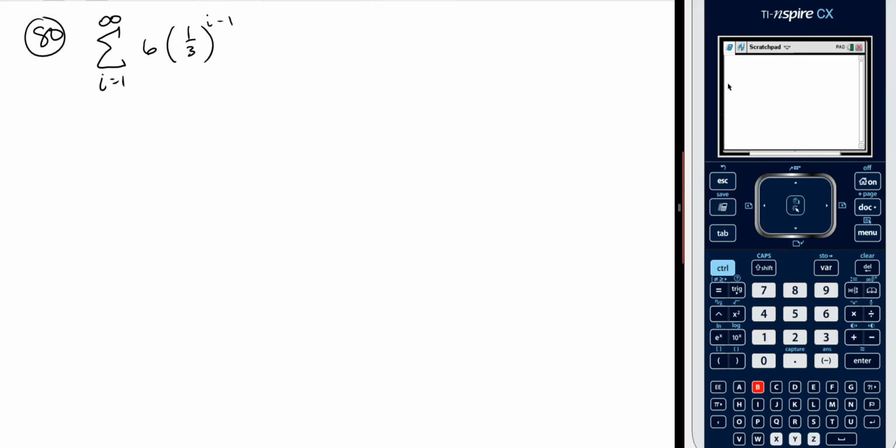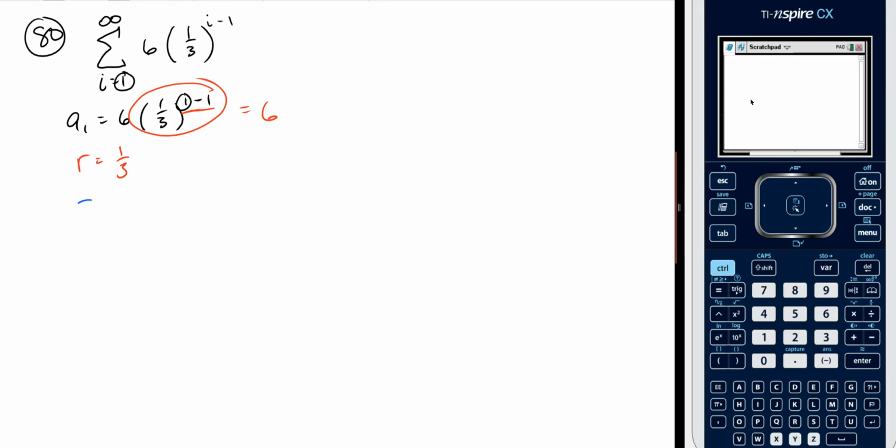Alright, 82. Got another sum to infinity. So again, we need A1. A1 is going to be 6 times 1/3 to the 1 minus 1. We're using the 1 here because I starts at 1. And once again, this whole guy is going to become just a 1 because this exponent is 0, so I get 6. And R will be 1/3.